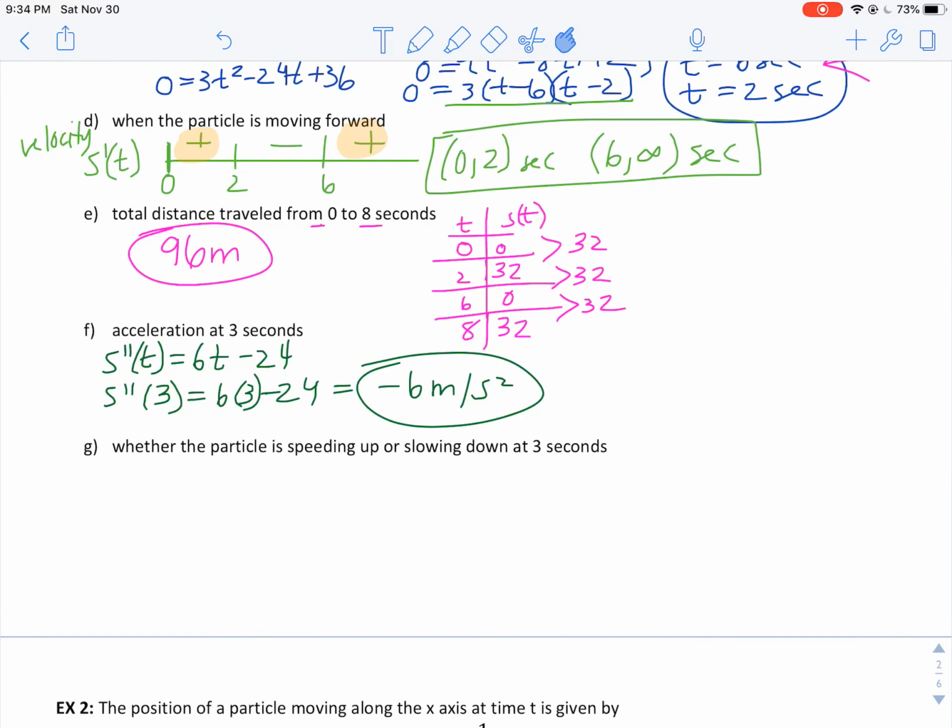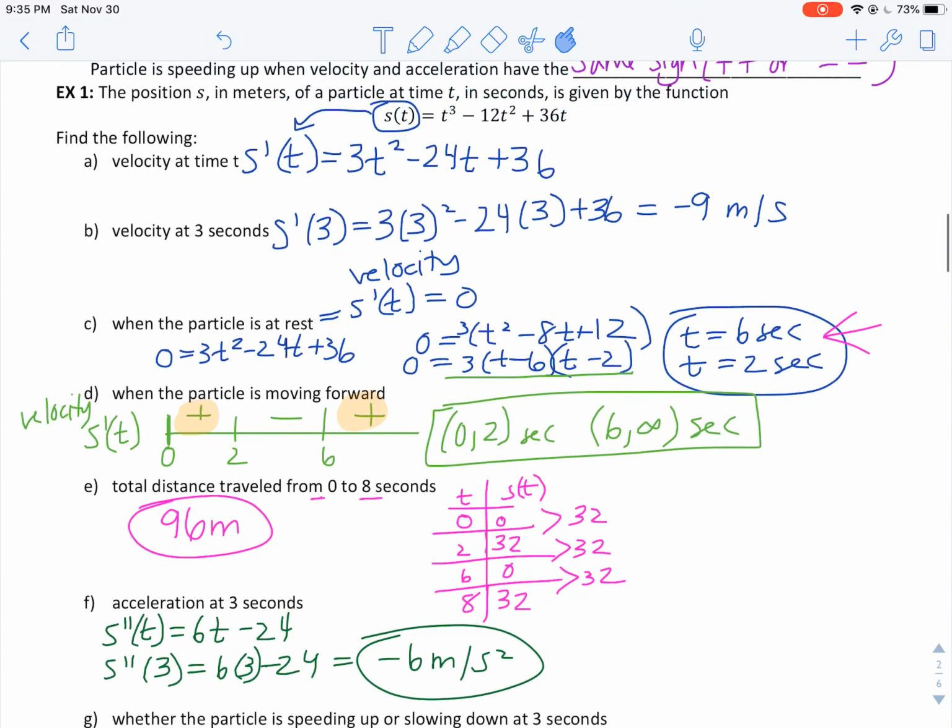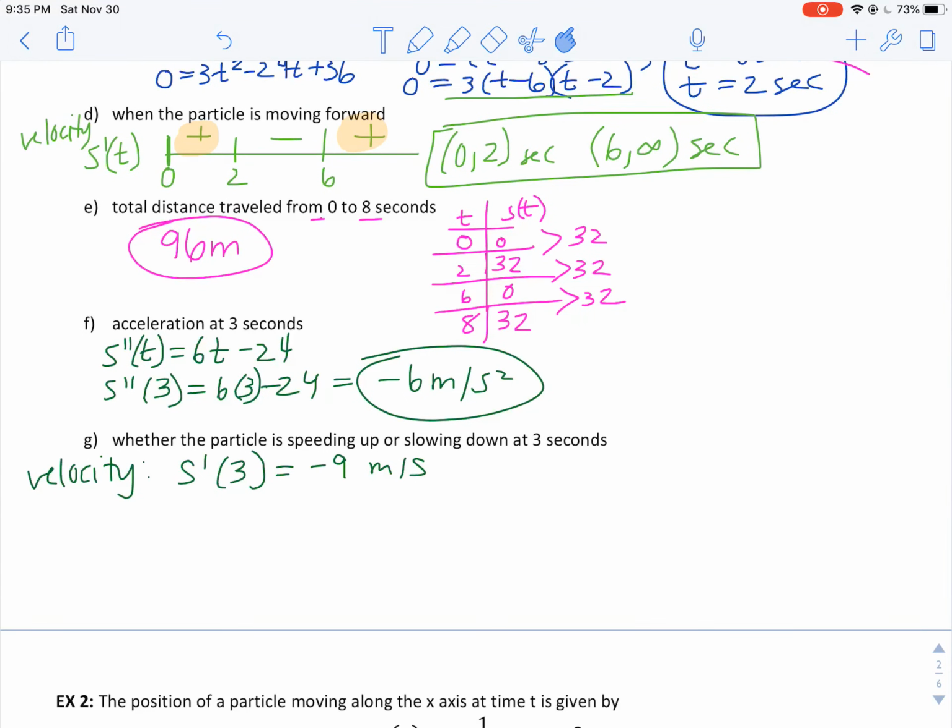Whether the particle is speeding up or slowing down at 3 seconds. So what we want to look at is the signs of our velocity and our acceleration. So our velocity is s prime at 3 seconds, which we figured out was negative 9 meters per second. We figured that out in part B. And then in part F, we had figured out that the acceleration at 3 seconds, s double prime of 3, was negative 6 meters per second squared.